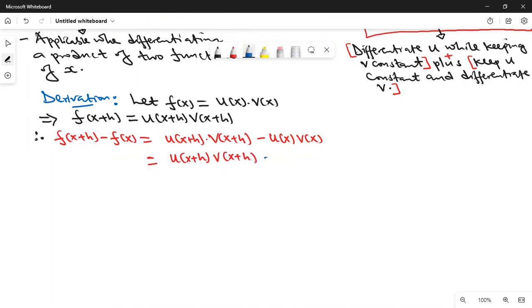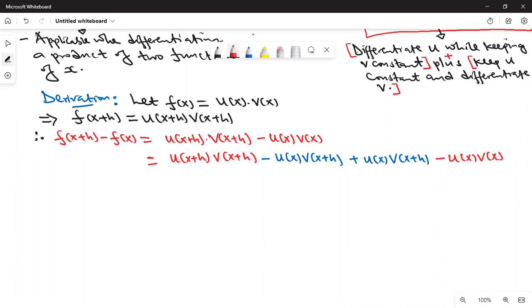Now we are subtracting u of x times v of x plus h. We are also adding the same u of x times v of x plus h. Then remember the other term was minus u of x v of x. Look at what I've written in blue color. I have added the same thing and also subtracted, so I've not changed the original form of that function.